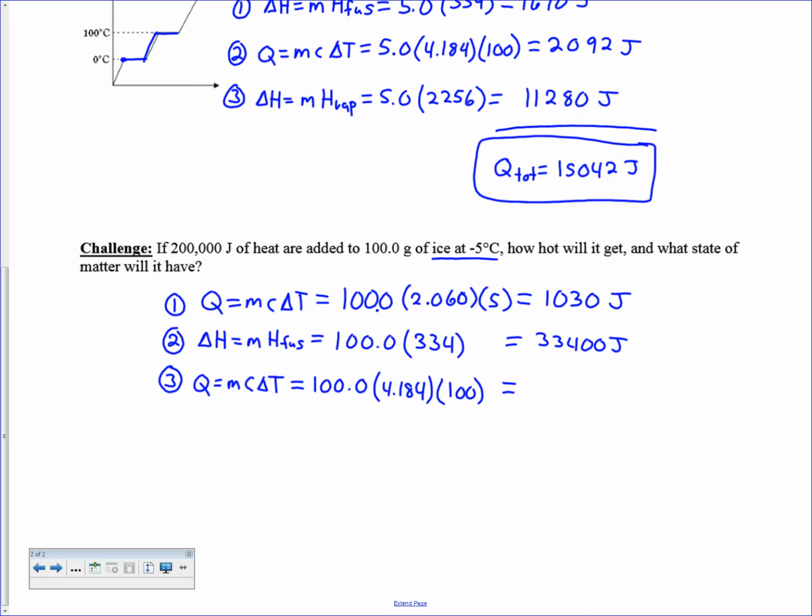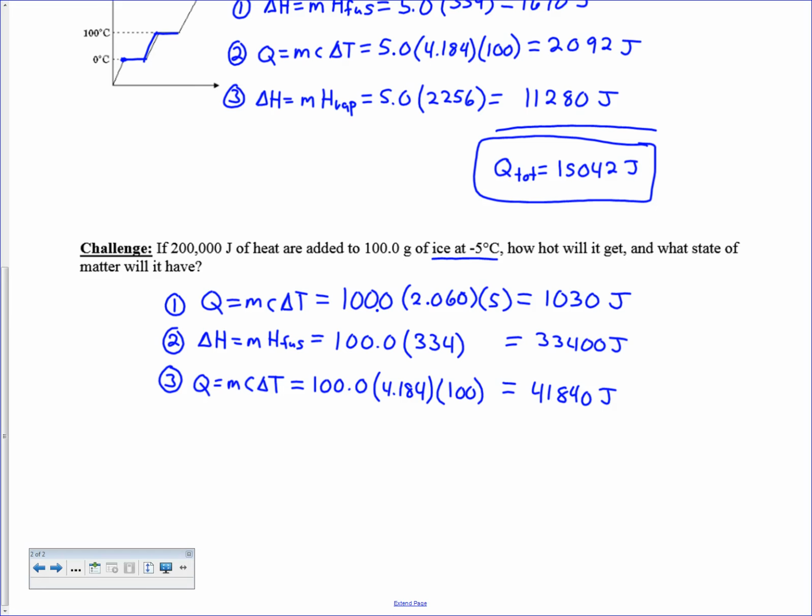Multiplying those all together, I get 41,840. All right, so looking at this, if you add all those up, we still haven't gotten anywhere near 200,000 joules, so we're going to have to keep going.